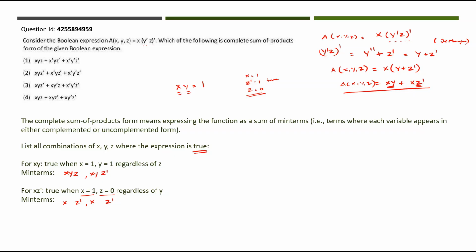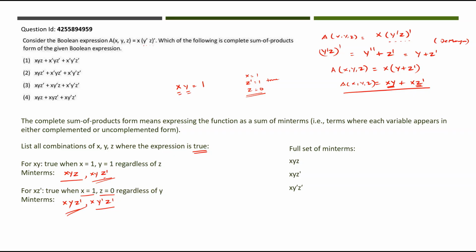What about y? They say regardless of y, which means y can be in the form of complement and uncomplemented form. Altogether, how many min terms are there? We have xyz. xyz dash is repeating here. Then we have xy dash z dash. So there are 3 min terms totally.